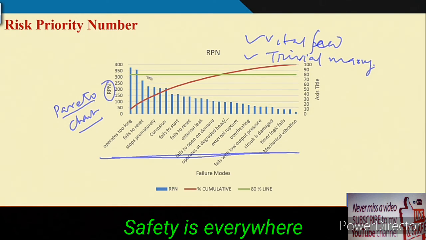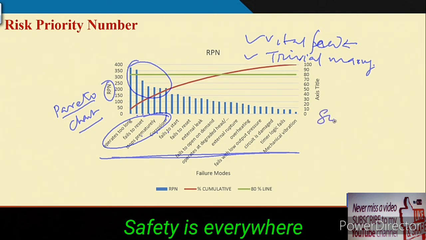Maybe these are the vital few, or 1, 2, 3, 4, 5, 6, 7, and these others are trivial many. You concentrate on the vital few. This is the Pareto chart.